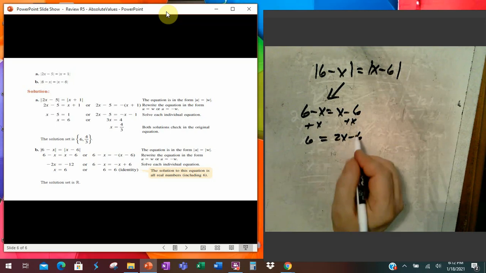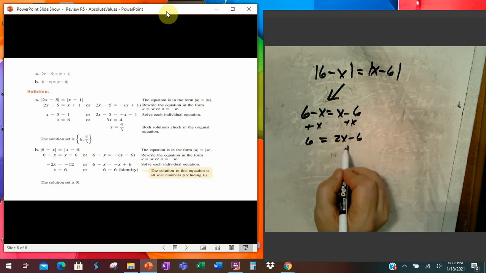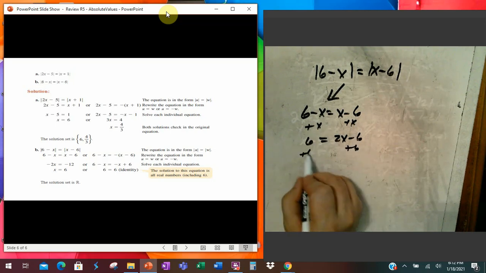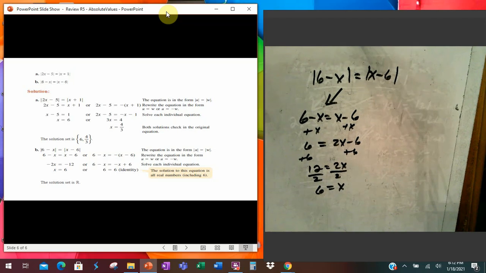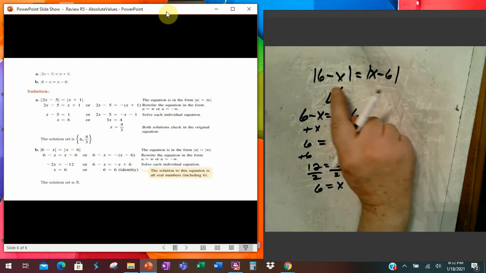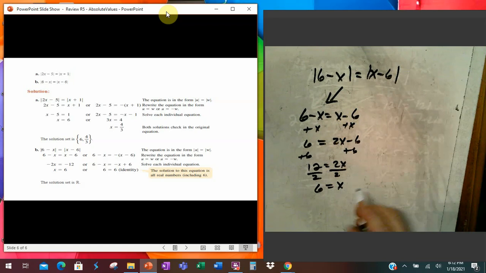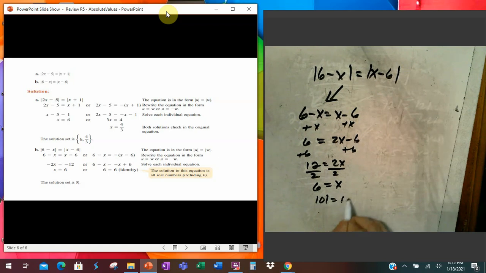Plus 6 on both sides to get this over there. So x is equal to 6 would say 6 minus 6, 0. The absolute value of 0 is equal to the absolute value of 0.